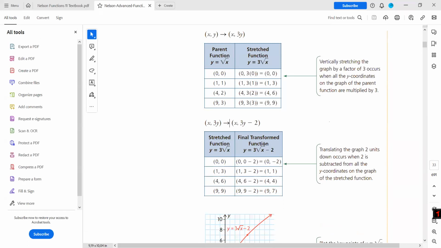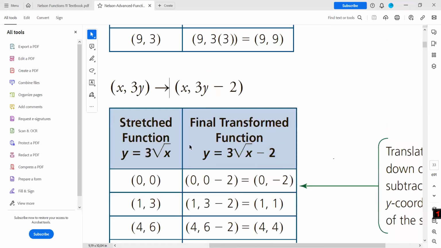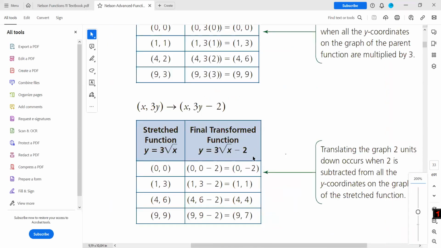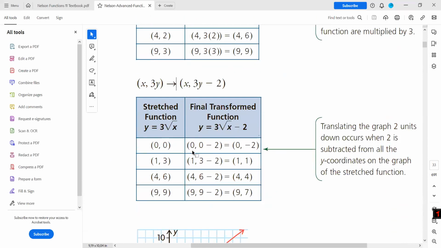If you have constant c, which is responsible for translation on the y-axis, you simply subtract this number from the y coordinate. And that's how you find the points of your transformed function. Translating the graph 2 units down occurs when 2 is subtracted from all the y coordinates on the graph of the stretch function.